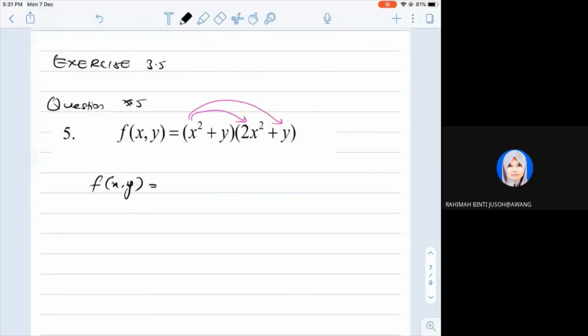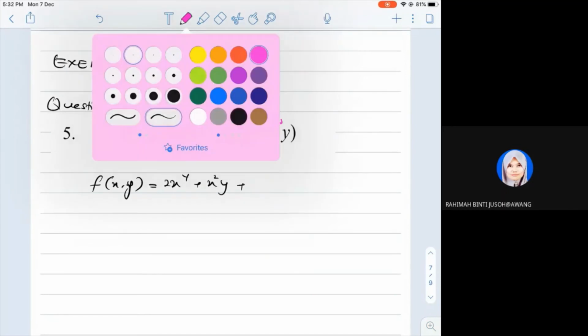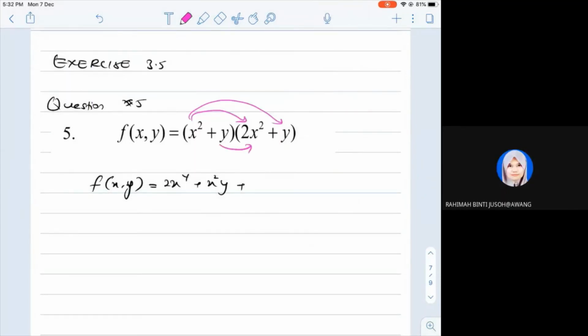So we will have 2x to the power of 4 plus x squared y plus 2x squared y, multiply this, and then this one multiplied here, so 2x squared y plus y squared.